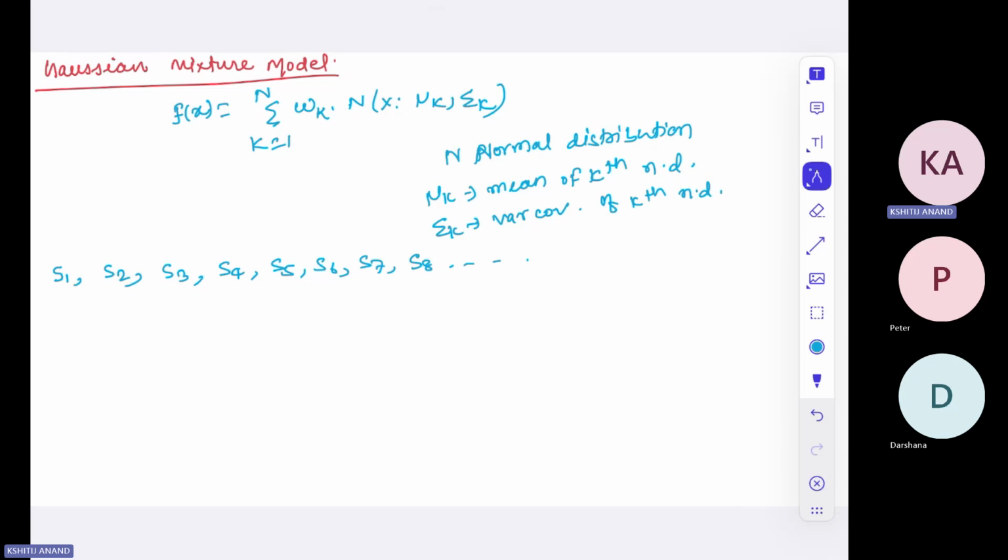Now what I want to do is test whether this distribution, its probability density function, is a sum of multiple normal distributions. That can happen. Maybe its PDF is a mixing of multiple normal distributions.